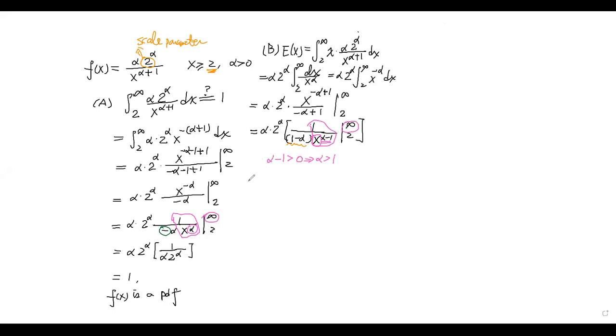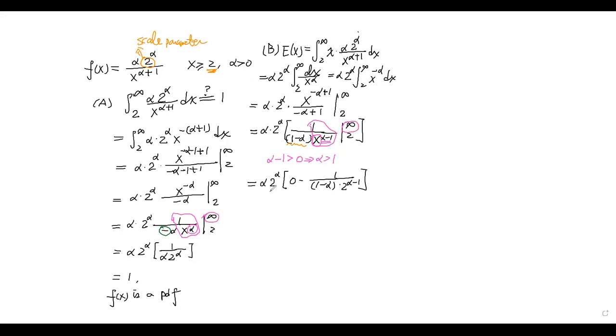After that, when you put the infinity in, it will be 0 minus what you get when you put a 2 in here. So this is 1 minus alpha, and when you put a 2 here, you have 2 to the alpha minus 1.